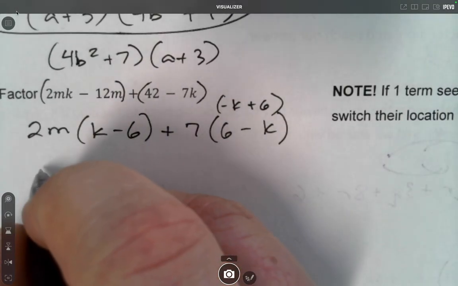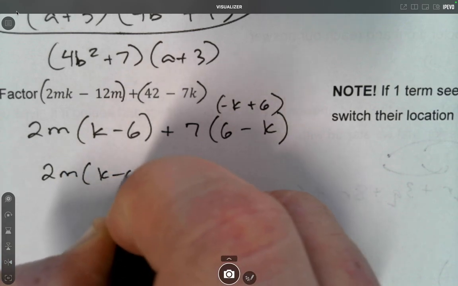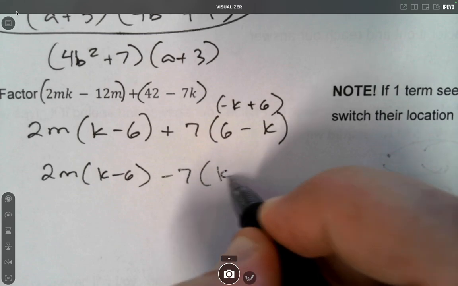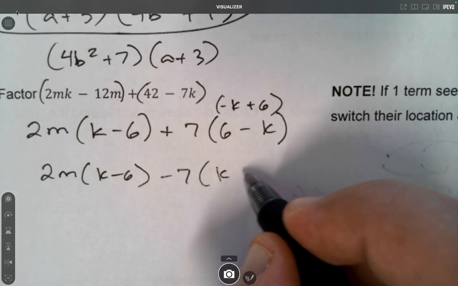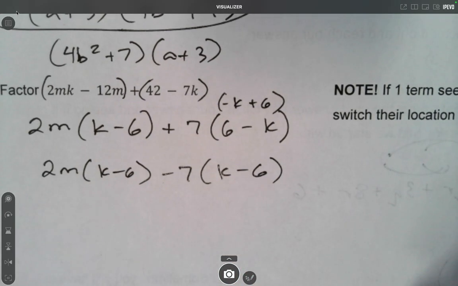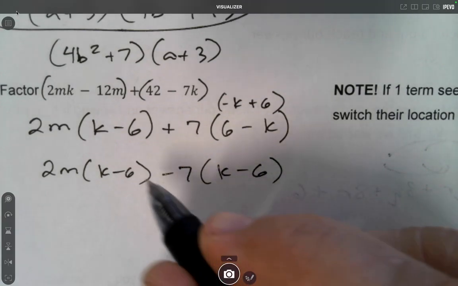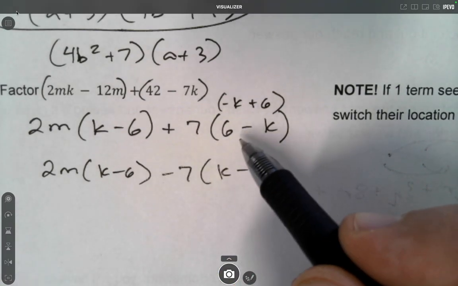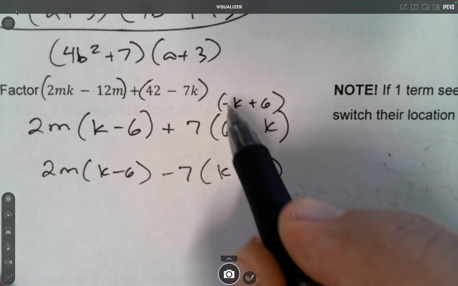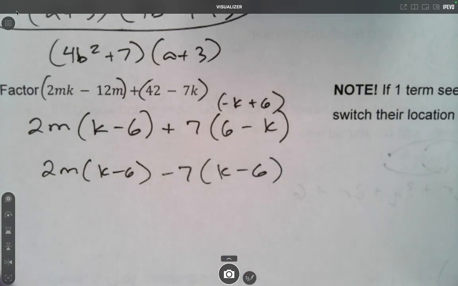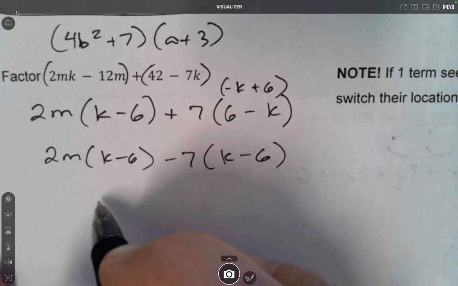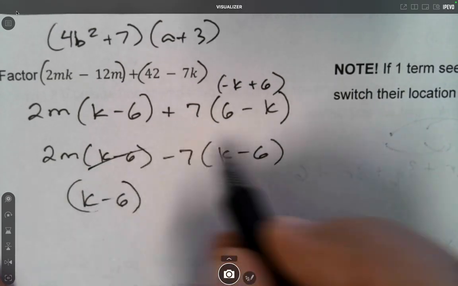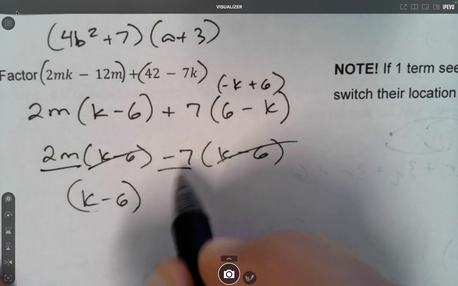Because if we factor out a negative here, that goes from a negative k to a positive k, and a positive 6 to a negative 6. And now they match. So if the terms are similar, but one's backwards of the other, just switch their locations, and factor out a negative 1. Now they both have k minus 6. And when we take those out, what's left is 2m minus 7.